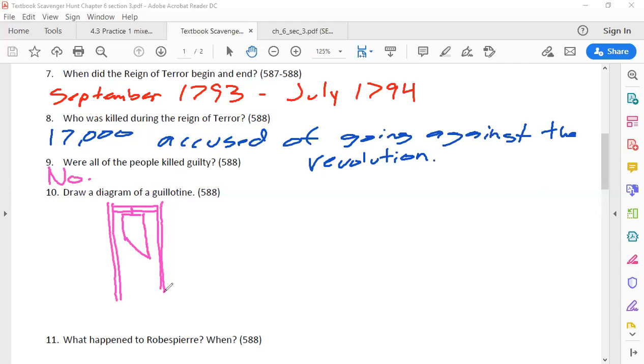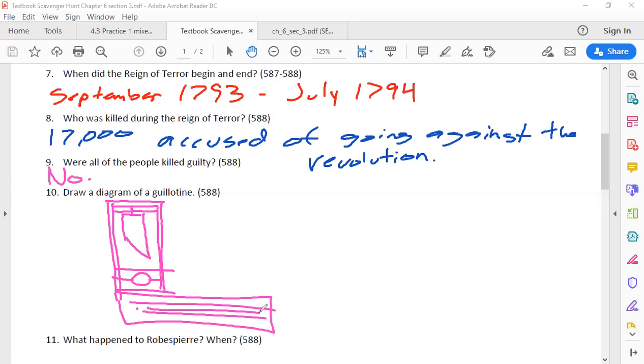Look at my awesome smartboard art. And then there's a little hole here for sticking people's heads in, and a little table to lay them in. This is a guillotine.